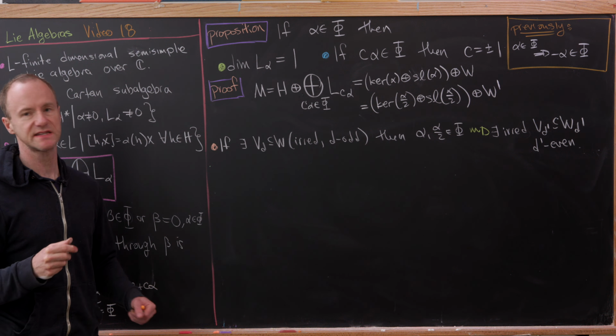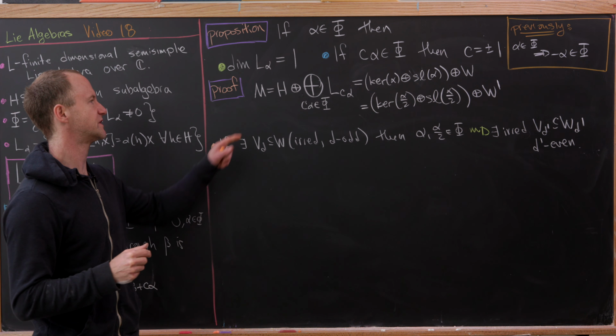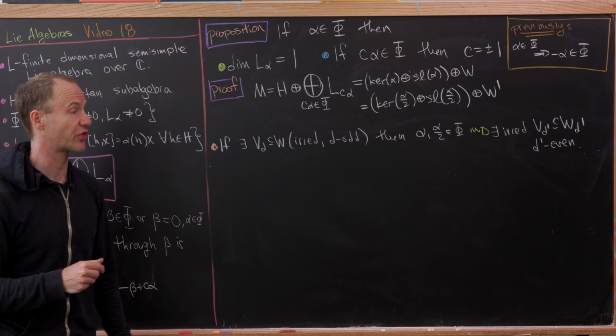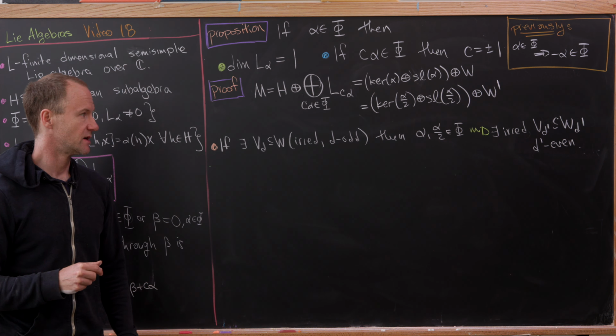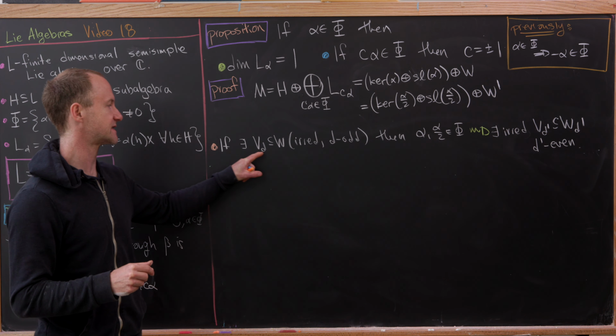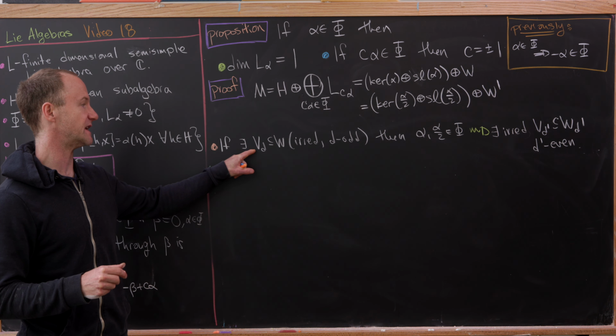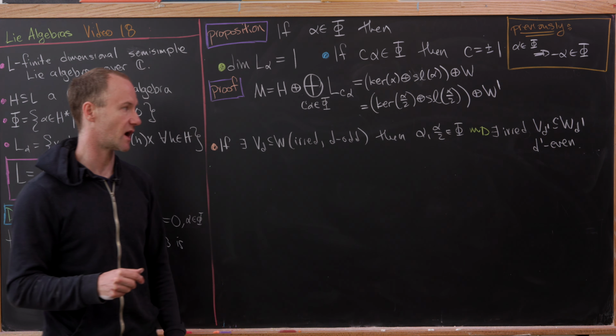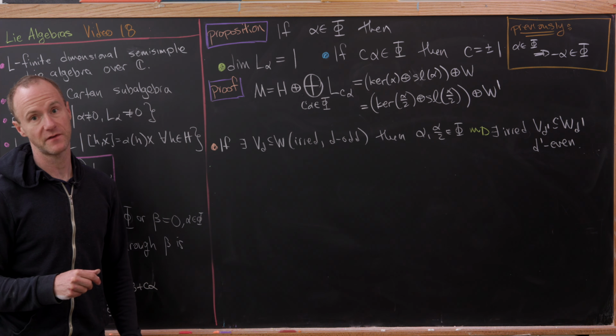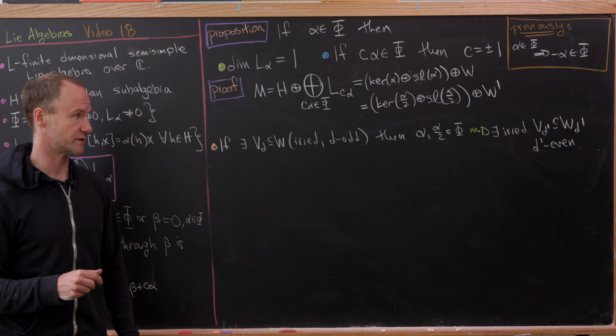Okay, so let's see what we've done so far. We took this M and we decomposed it 3 different ways. And one of those ways arrived at this assumption that we had that if there was an irreducible SL alpha submodule VD of W where D was odd, then that implied that alpha and alpha over 2 were both roots.